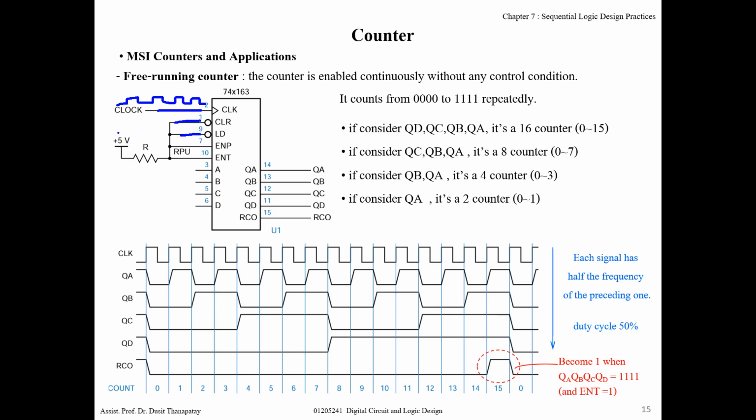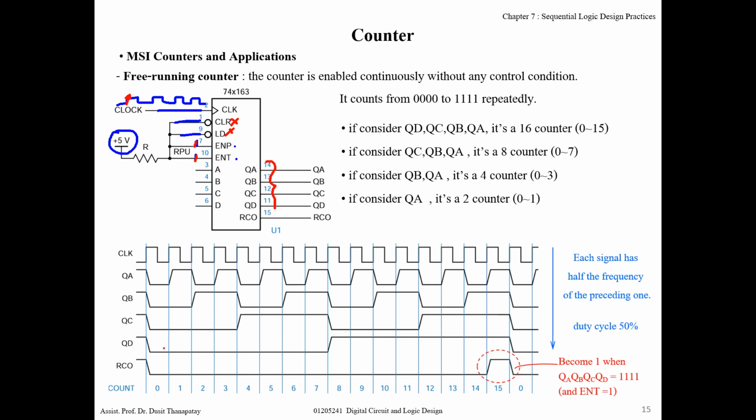So connect them to logic high or 5 volts and make enable P and T both active. That's all. So for every positive clock edge, the result is counting mode, because enable P and T are 1, 1 and not clear, not low. So the value will increase by 1 for every clock tick.